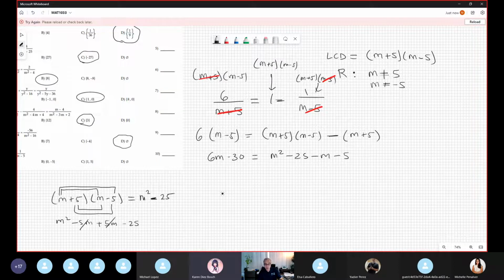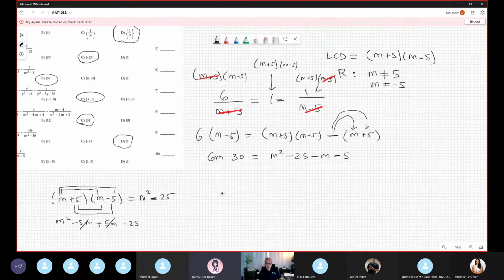Okay, let me try. Professor, why m minus 5? Why not m plus 5? In what case? Here, at the end. Well, is this negative affecting the minus m? Oh, I see. Okay. Yeah.